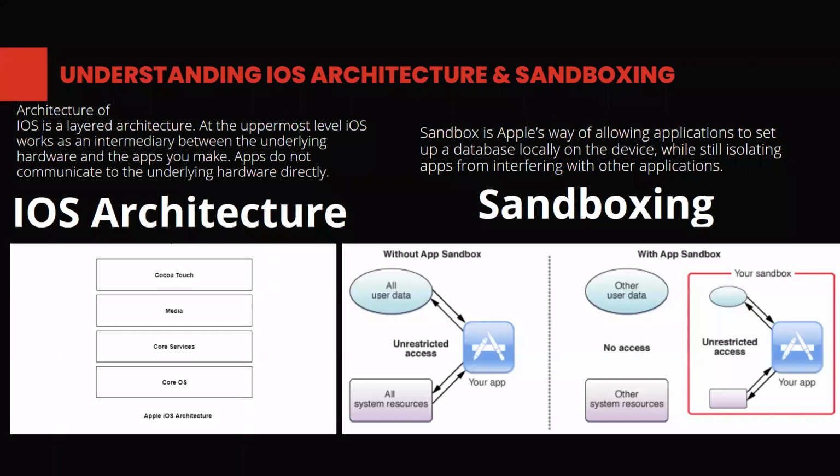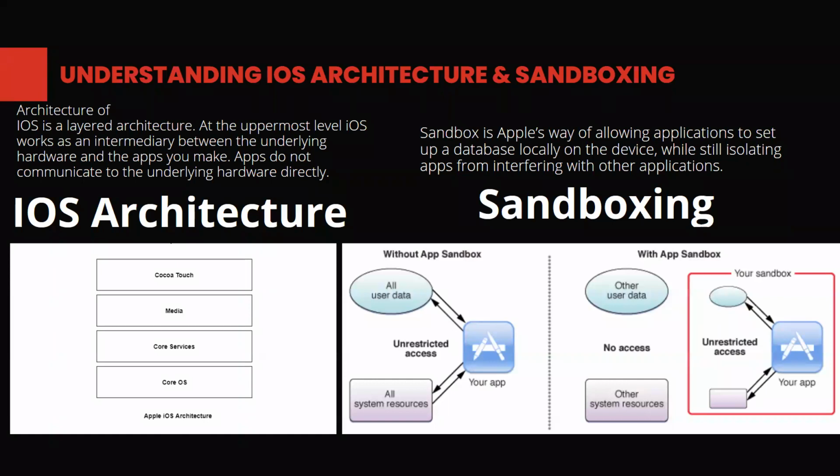A bit about the architecture layers: each layer holds levels and features that most of our technologies are built upon. The first is the Core OS layer, which holds the low level features that most of the technologies are built upon. For example, the Core Bluetooth framework is built upon the Core OS layer.